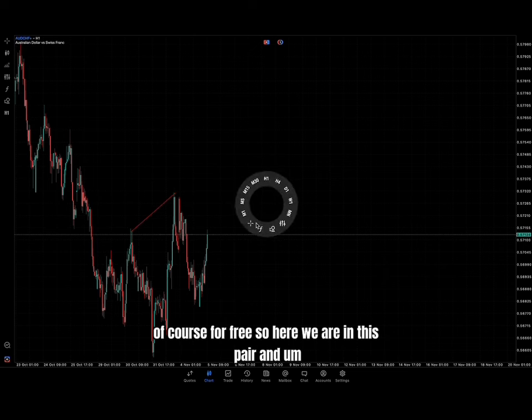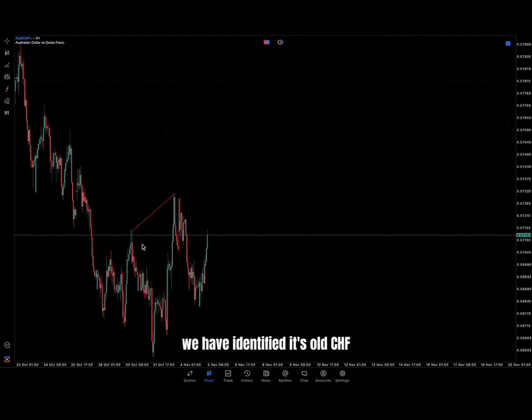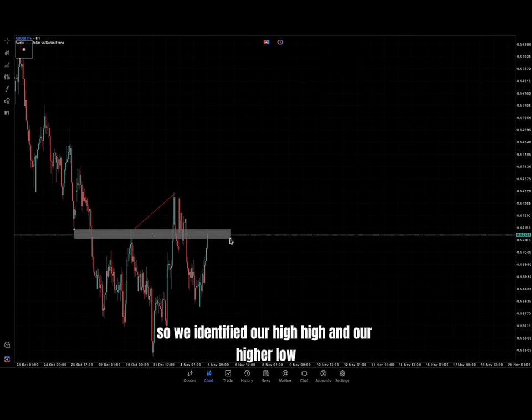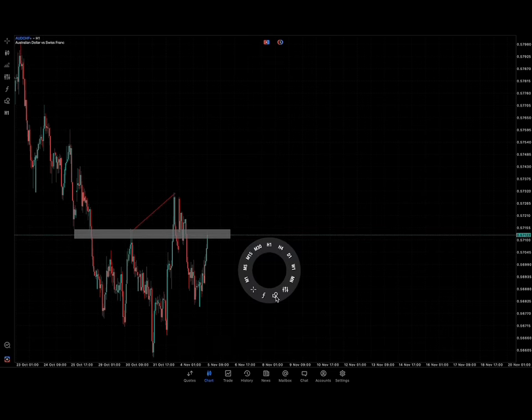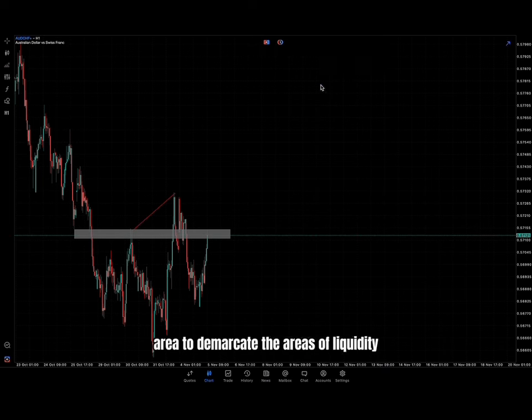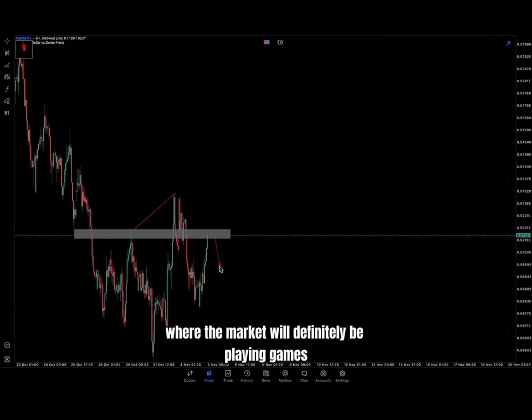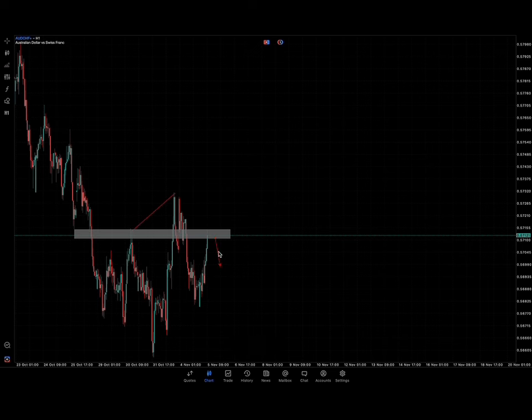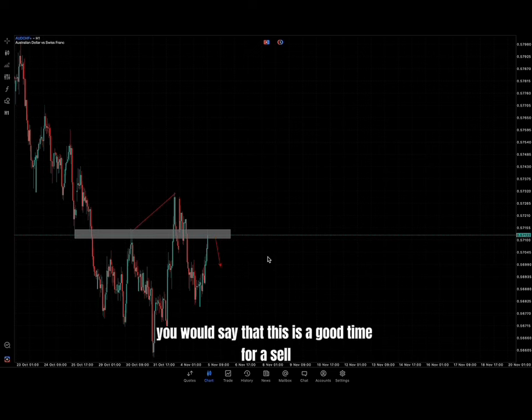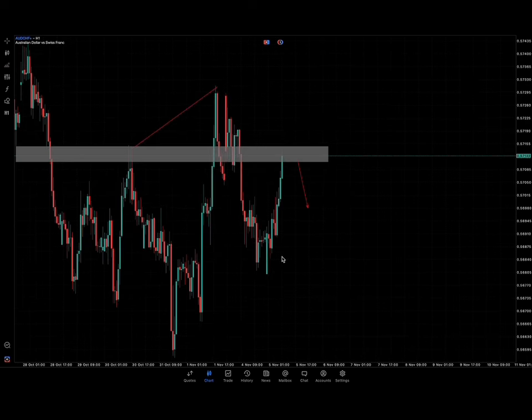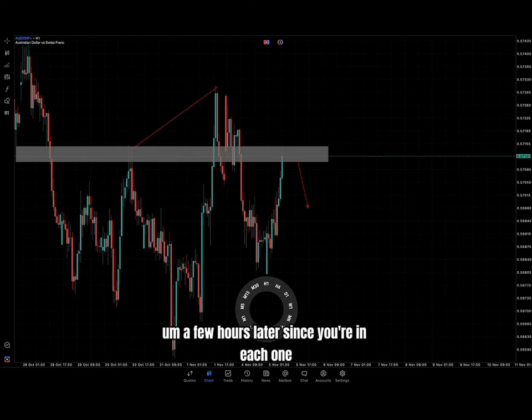So here we are in this pair, and we have identified it's USD CHF. So we've identified our higher high and our higher low, and we have set our gray area to demarcate the areas of liquidity where the market will definitely be playing games at most. So obviously you would say that this is a good time for a sell, and then you sell and then expect your win a few hours later, since we're in H1.